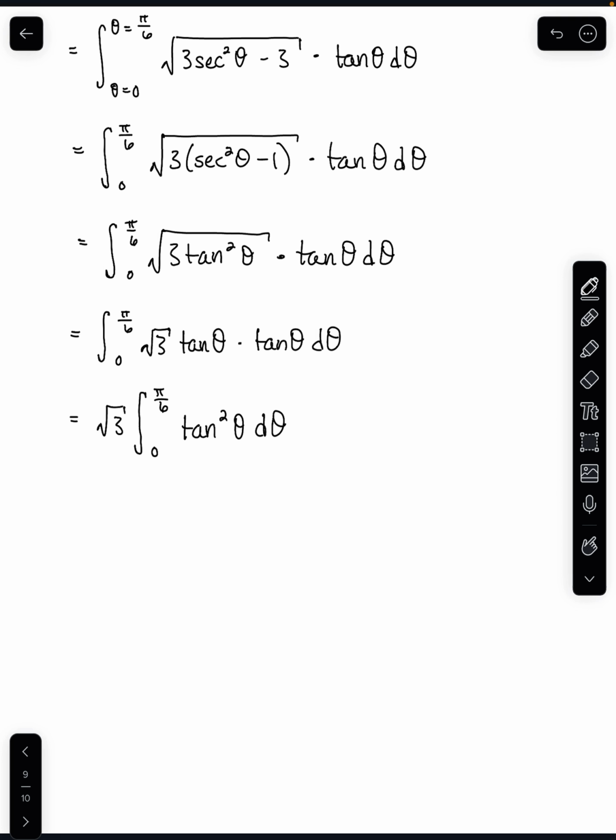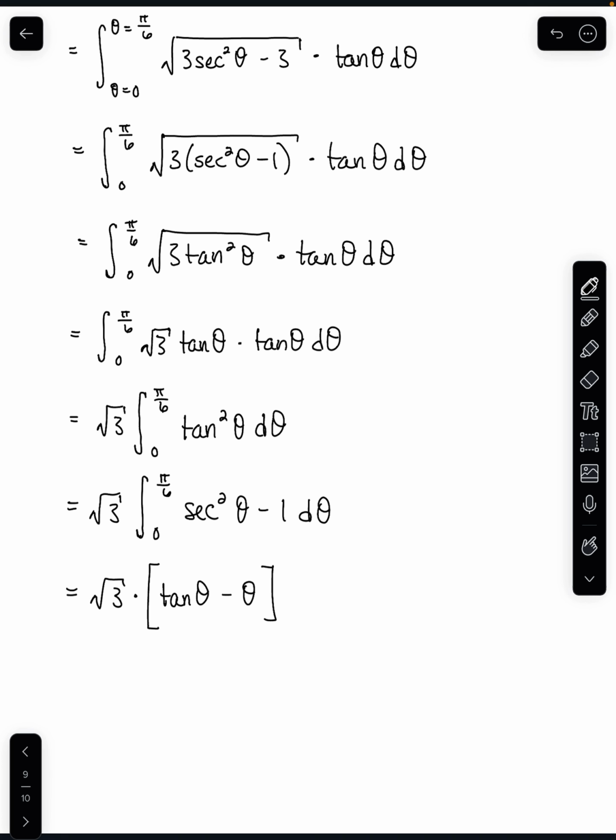We can now use it in the other direction to rewrite the tangent squared theta as secant squared theta minus 1, which integrates quite cleanly. The antiderivative of secant squared theta is simply tangent theta, where the antiderivative of 1 is simply theta.